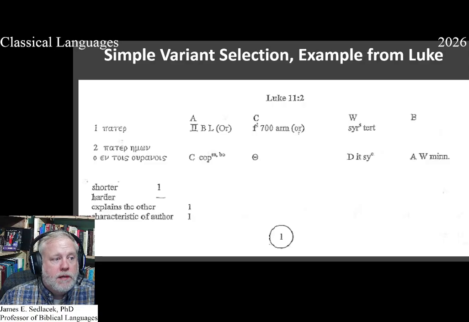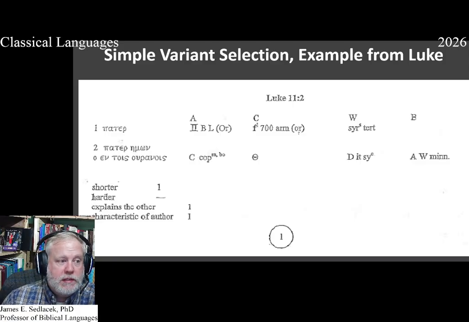And sometimes you will have two readings where the existence of one kind of lends itself to number 2 showing up, but number 2, if it were first, would never lead you to number 1. So explaining the existence of the other, or there's an easy explanation to understand how a scribe would get reading number 2 from reading number 1.